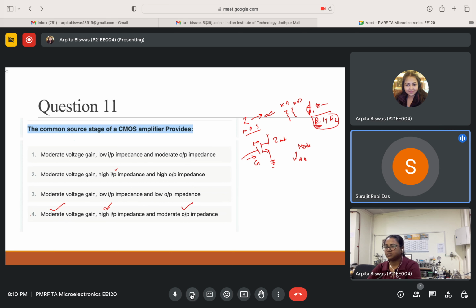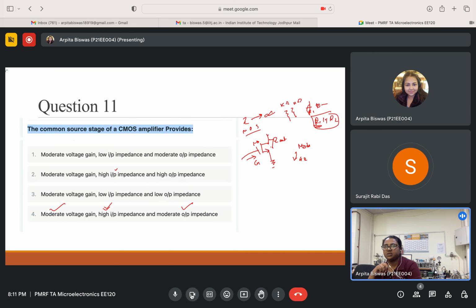But if we take the intrinsic output impedance, that is coming as high, right? Intrinsic means when we are not connecting anything like RD or RL.